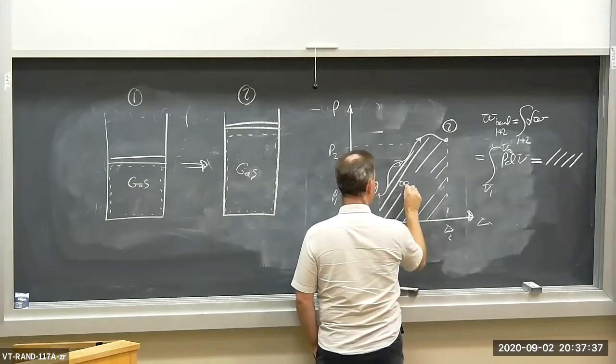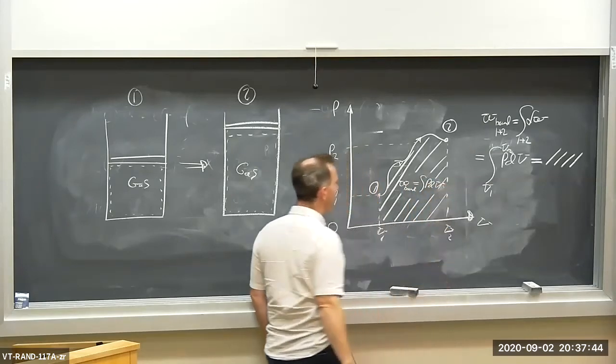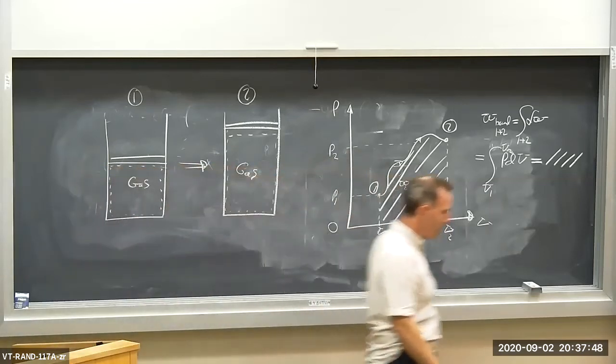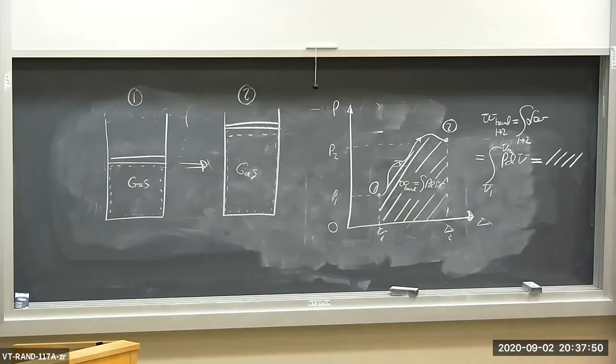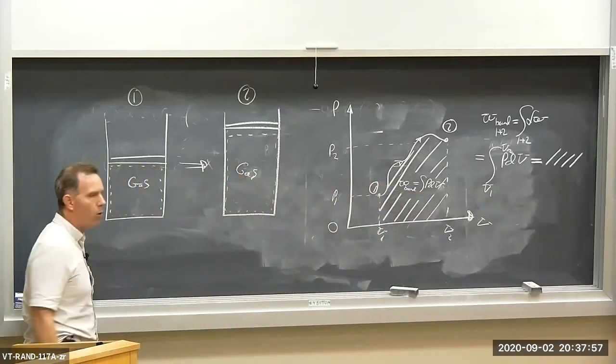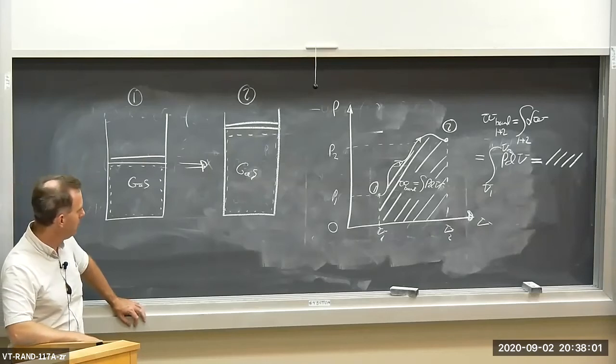Work bound equals integral PdV, the area under the pressure curve. So if somebody gives you the process on a PV diagram, you should be able to qualitatively determine the work.